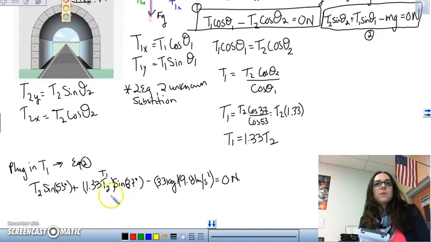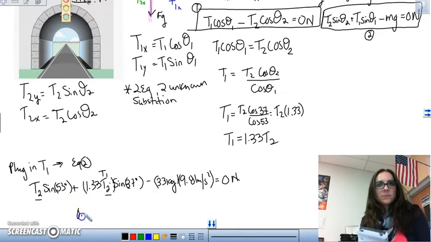So let's reduce this down, because now we just have one unknown, which is T2. I'm just going to put everything into numbers, and then I'm going to move this over. So sine 53 gives 0.8, this rounds to 0.8 T2, plus sine 37 times 1.33 gives us another 0.8 T2, equals, like I said, I'm bringing that over, 33 times 9.81, 323.73.